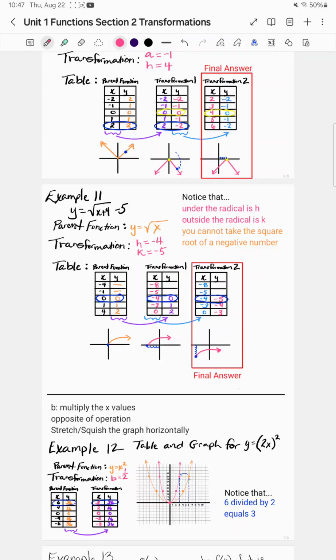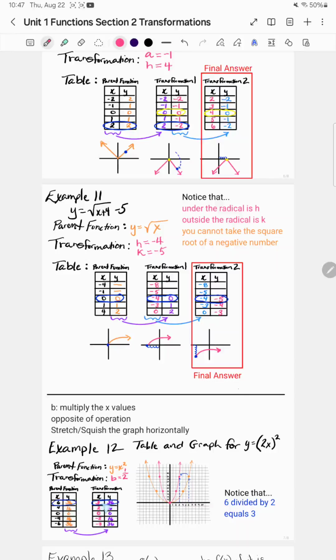For example, 6 divided by 2 equals 3. 6 times 1/2 also equals 3. It does the same thing. So that's why here in our transformation, we're saying that b equals 1/2 because it says times 2, and the opposite of that is dividing by 2.